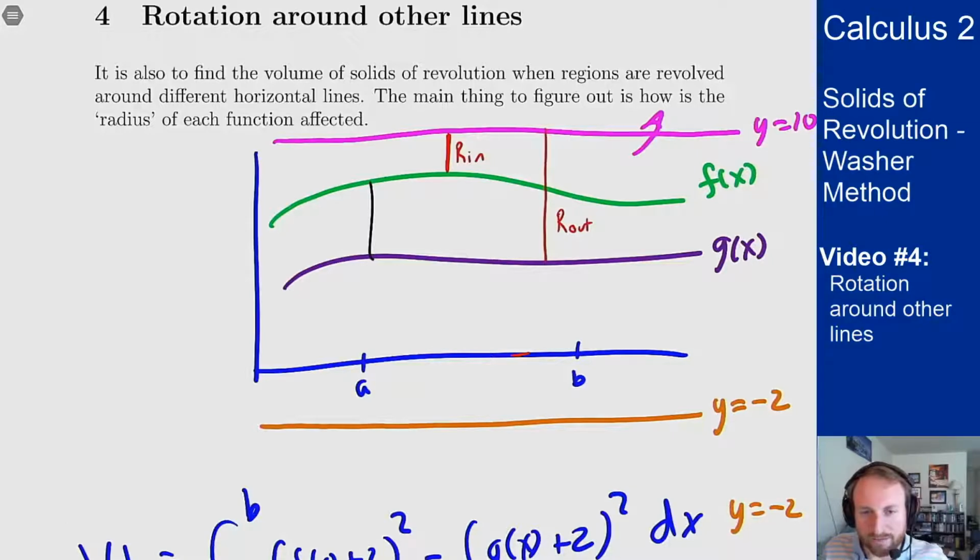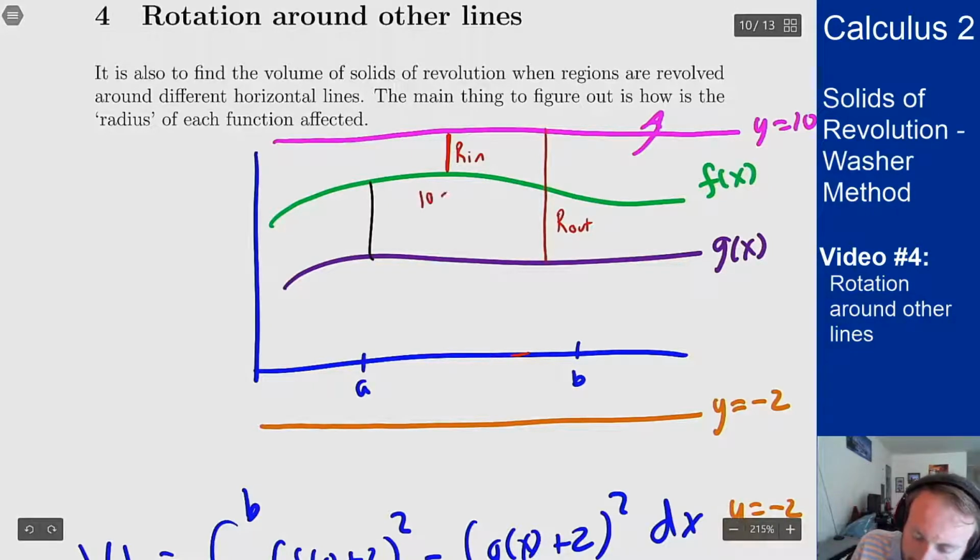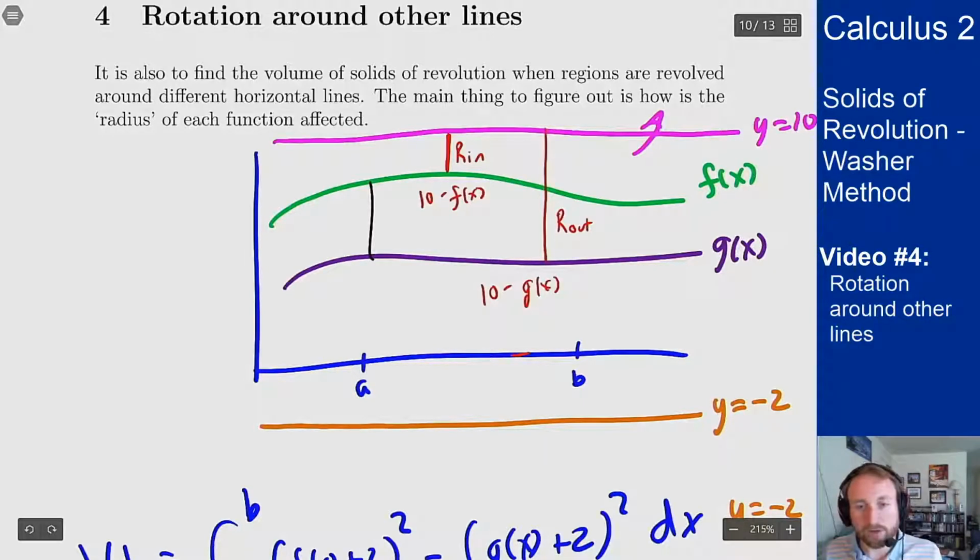How do I find these radii? The inner radius should be how far f is away from 10, so this would be 10 minus f of x, and similarly the outer should be 10 minus g of x, how far g is from 10. We know g is below 10. Also, these radii should both be positive numbers because we're looking at distances. So 10 minus f is positive, and 10 minus g is also positive.